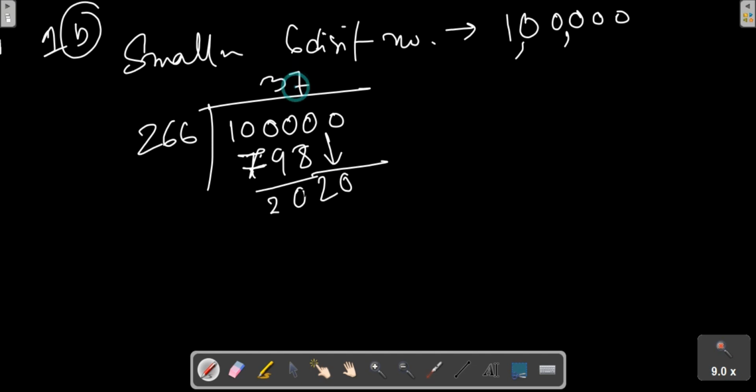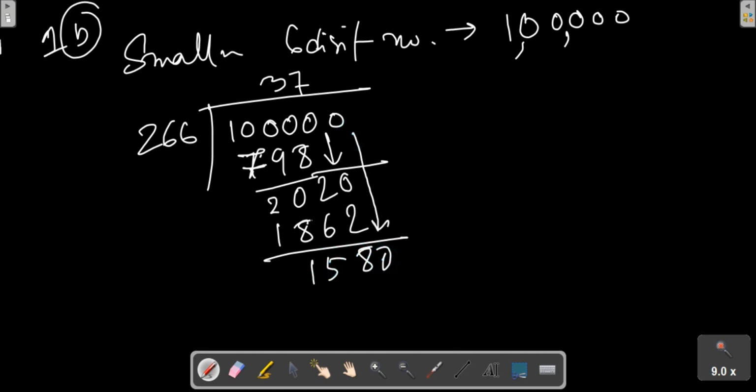Then let's divide with 7. If you divide with 7, it would be 1862. Then your remainder is 158. Then the last 0 will come down, so then we can divide with 5s. So it would be 1330. Then the remainder still there is 250.